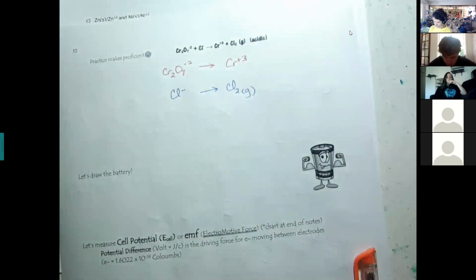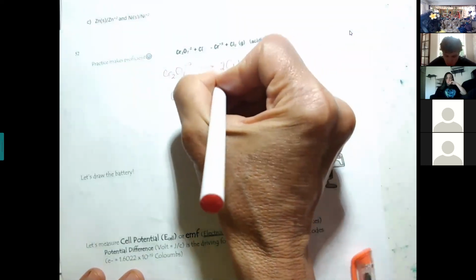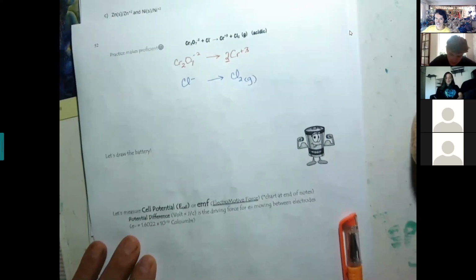And usually everybody gets at least that. Before you go crazy with stuff, before you start doing the oxygens, balance your chromium. I will tell you 50% of the students, having done this for as long as I have, forgot that step, which makes nothing work out.